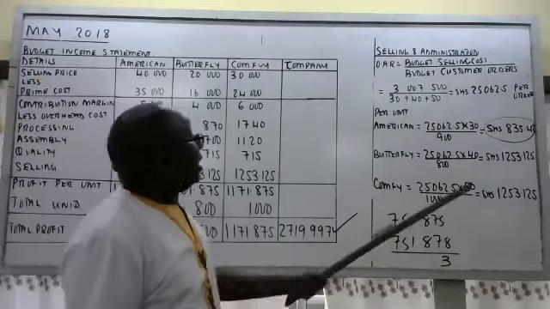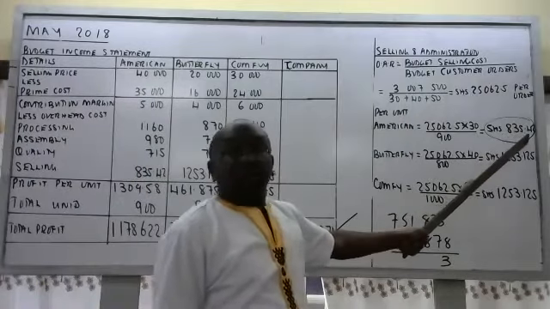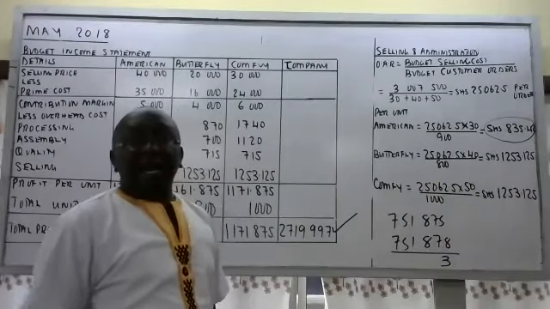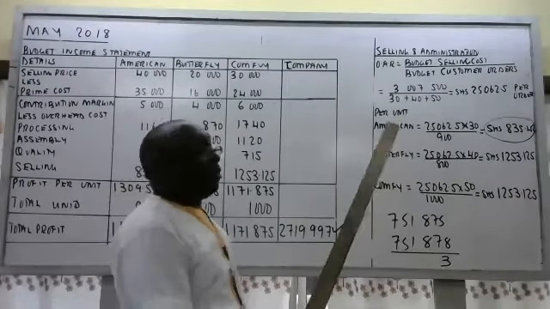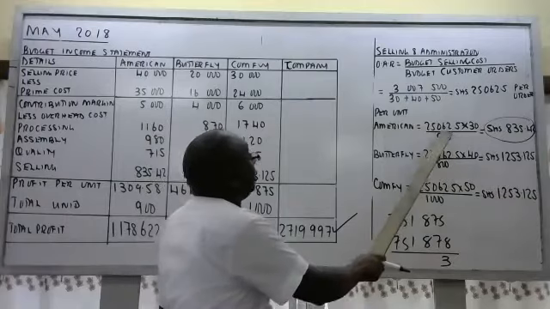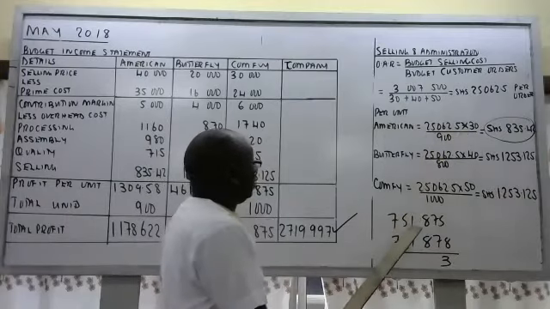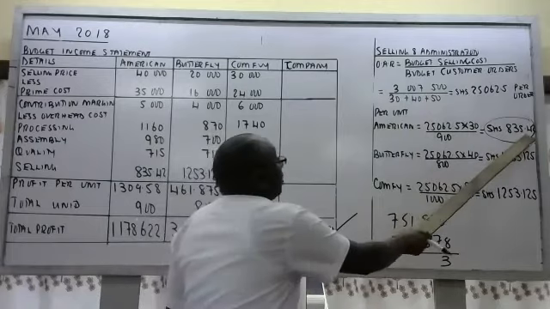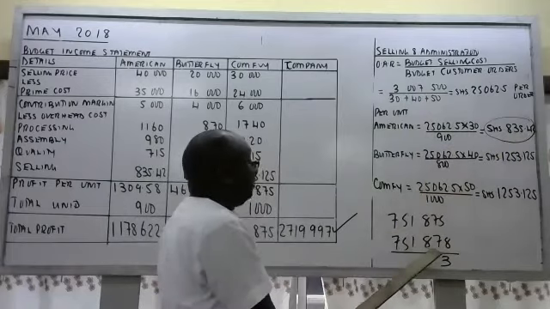Because of this rounding that we did here, remember this figure we rounded, it was not exactly 4.2. So rounding causes an error. If you want to reconcile, this one was 751,875. Then when you settle for this times 900, it is giving you this.